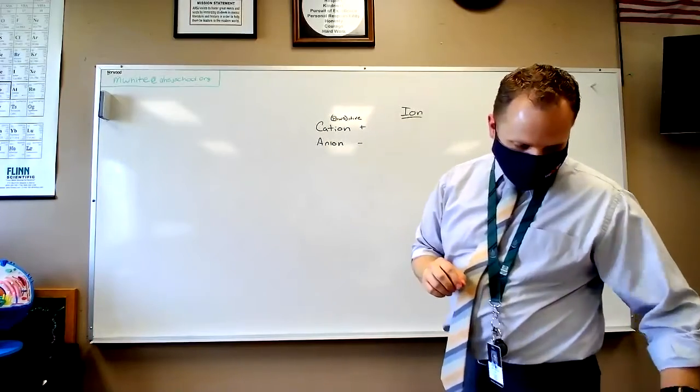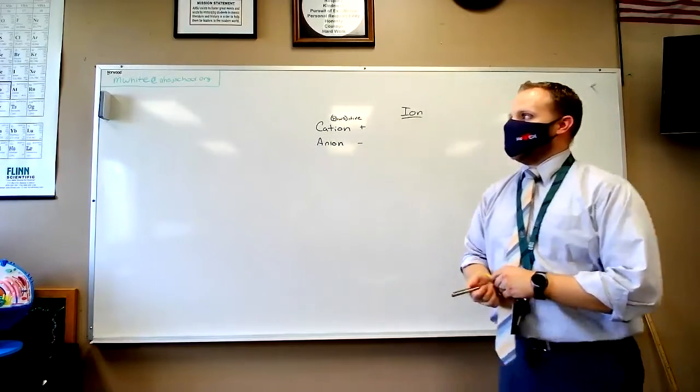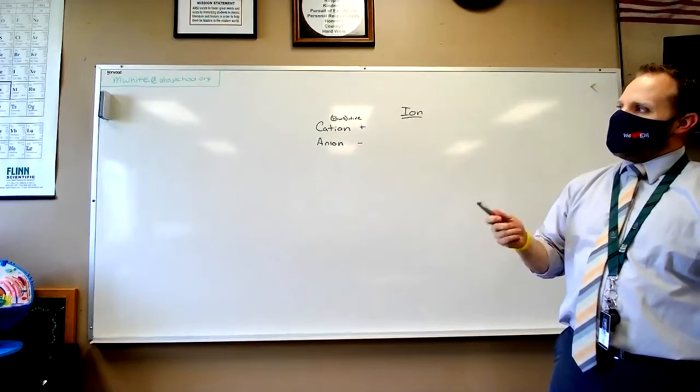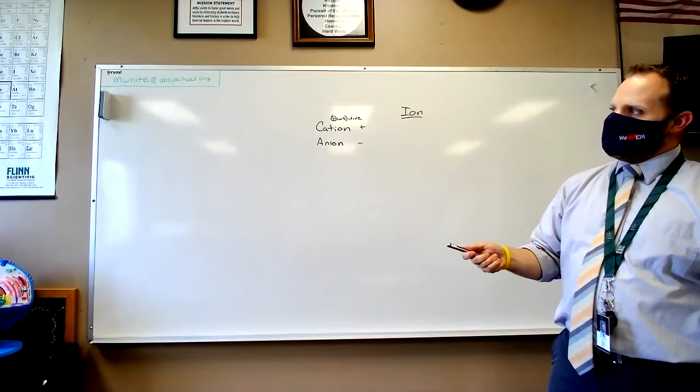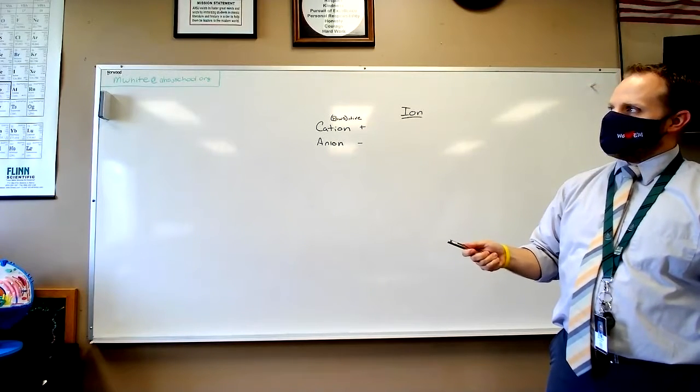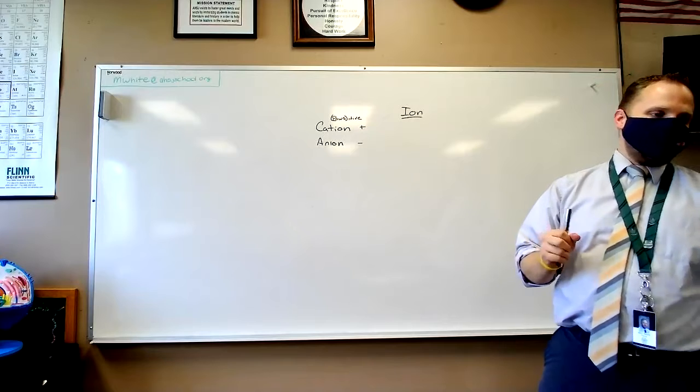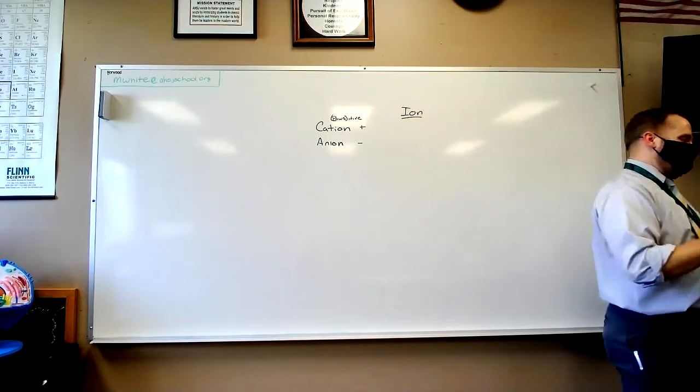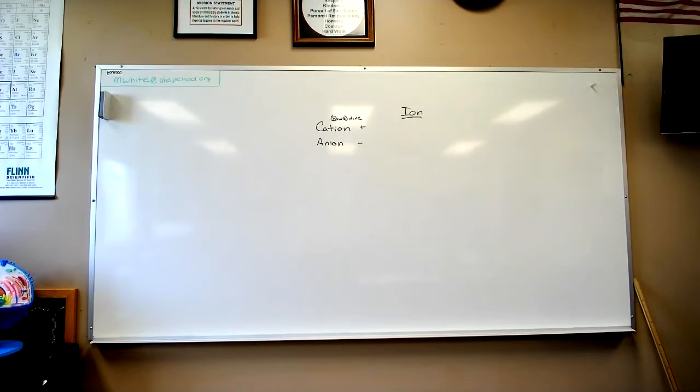So if we look at our periodic table up here on the wall, first line, top line, number 1. What do we think? Is it more likely to gain or lose an electron? More likely to lose. Why?